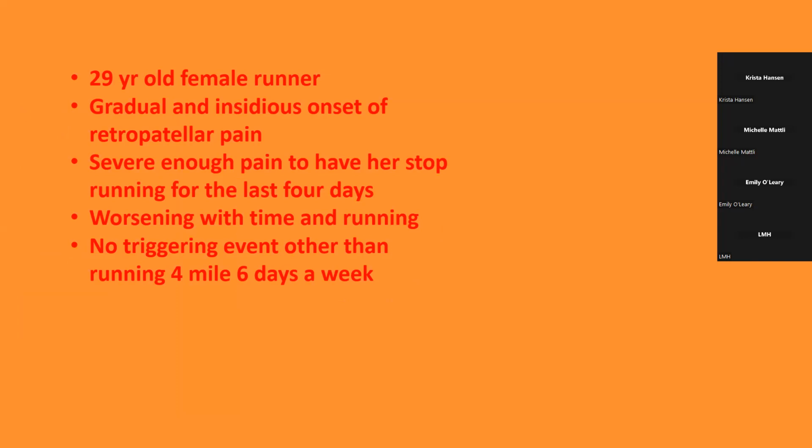So she was running shorter distances, getting more pain. So she stopped running, and basically it's sort of leveled off, and it's not giving her too much trouble now, although it is still giving her problems. It's not as bad as it was though. There was no triggering event other than the fact that she ran 4 miles 6 days a week. And the onset of this was 3 weeks ago.